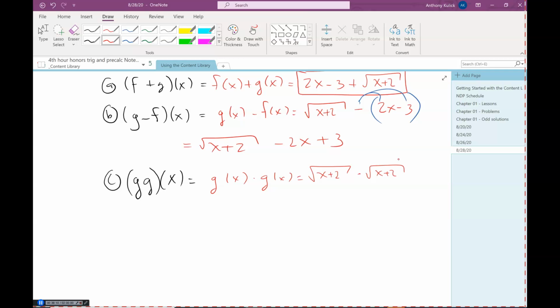What's the square root of x plus 2 times the square root of x plus 2? X plus 2? Does anybody disagree with that? So this is what's written in my lessons, but I would disagree with this result. Why would I say there's an issue with that?